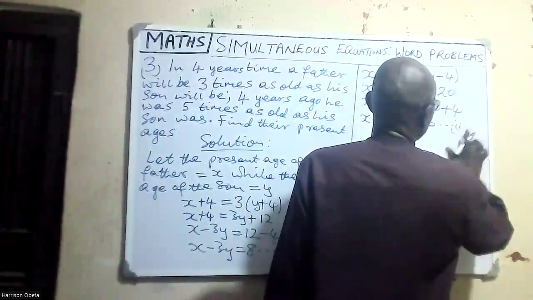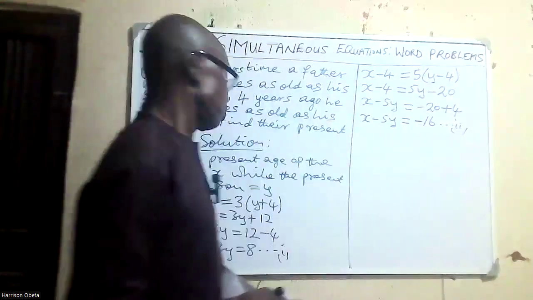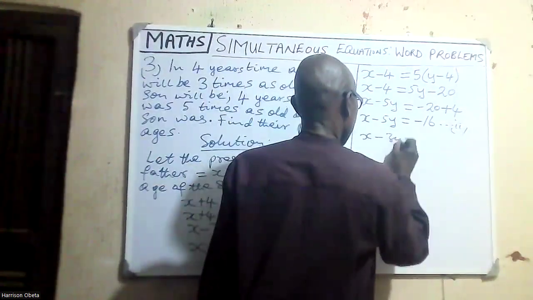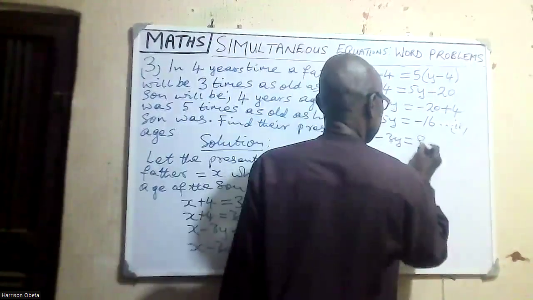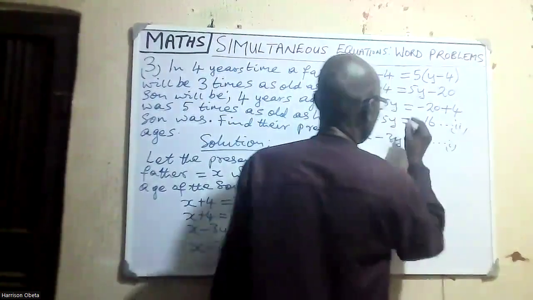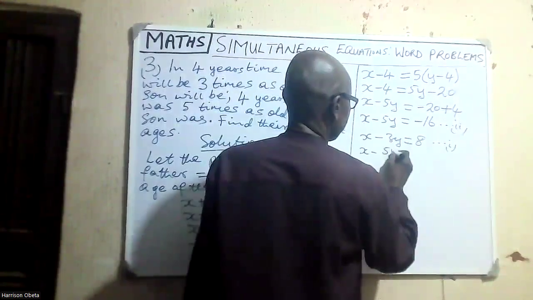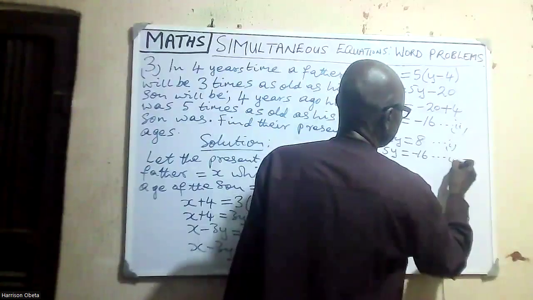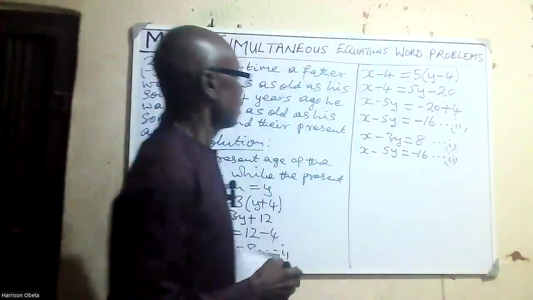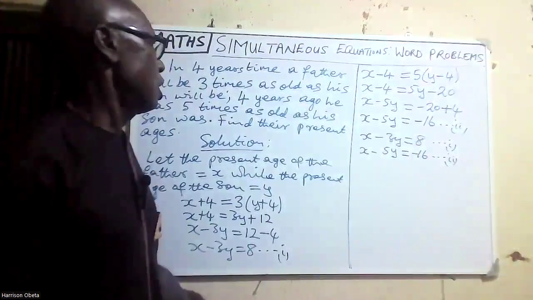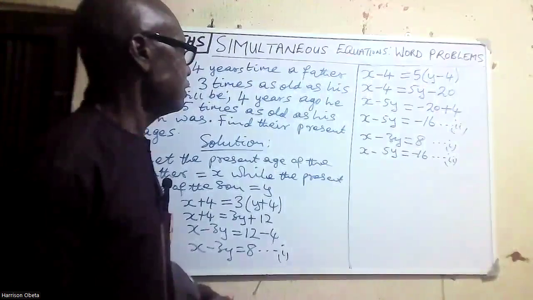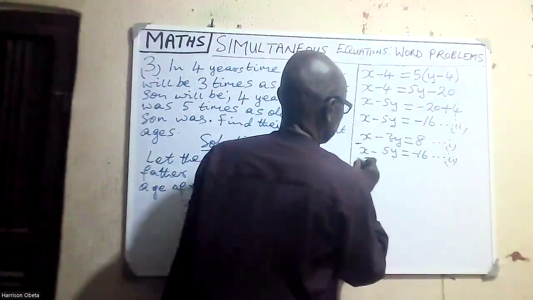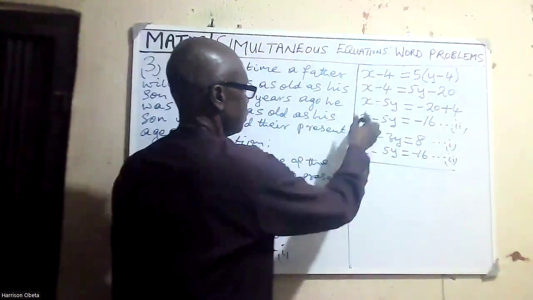Okay, bringing them together now, we have x minus 3y equal to 8, then x minus 5y is equal to minus 16. Subtracting 2 from 1, you are subtracting, this will give us 0.